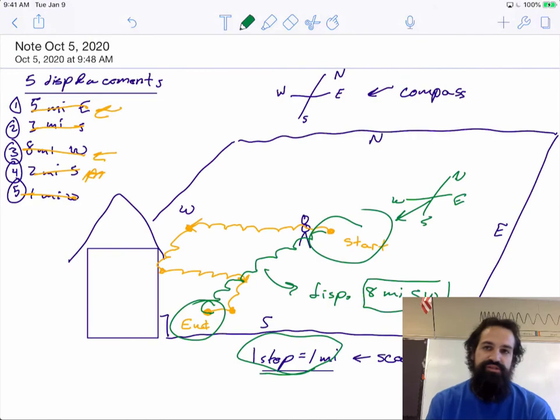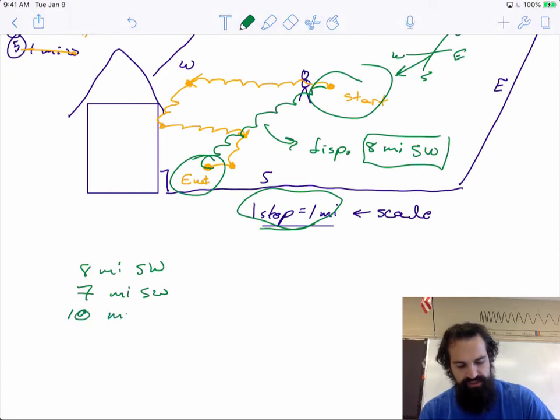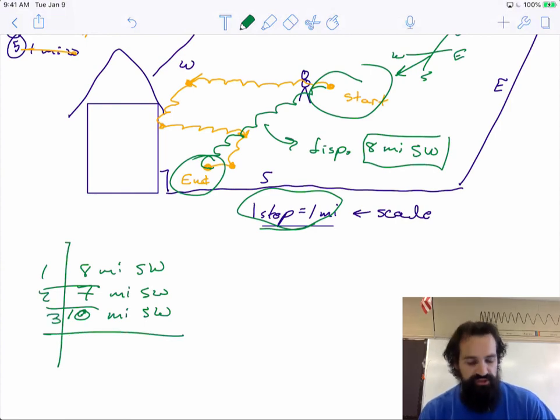You are going to do this 3 times in 3 different random orders. So I'm going to redo that 2 more times in 2 other random orders. So let's say when I do that, I get 8 miles southwest, 7 miles southwest, and I don't know, maybe 10 miles southwest. That's trial 1, 2, and 3. Once you have all 3 trials done, you're going to calculate the average.